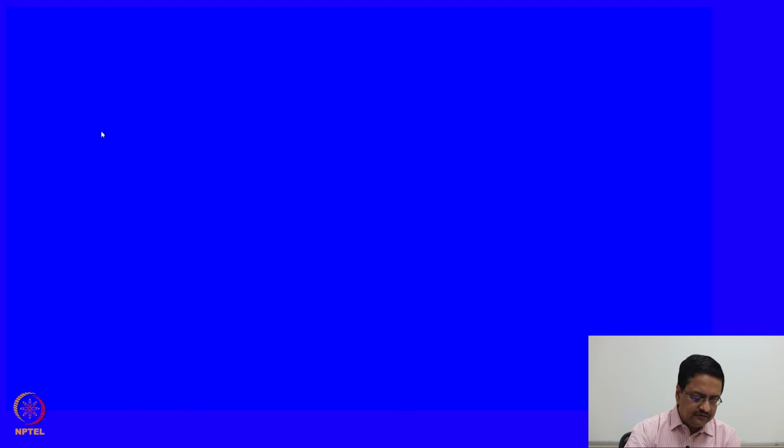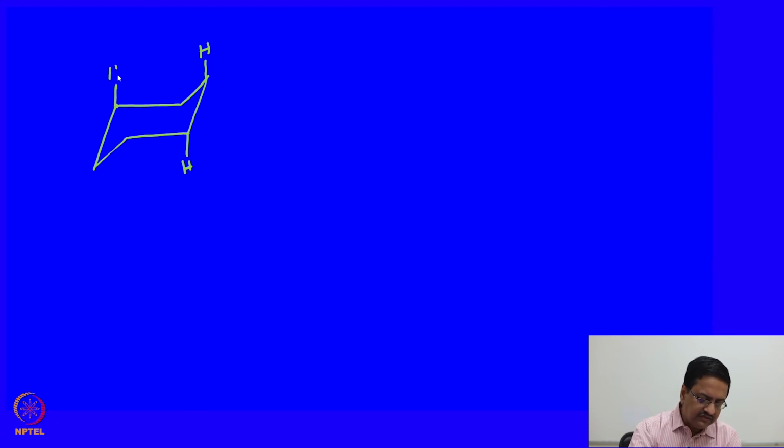Suppose we had the molecule like this. This is the up hydrogen, this is the down hydrogen, this is up hydrogen, this is up hydrogen, this is down hydrogen, this is down hydrogen, but all of them are axial.